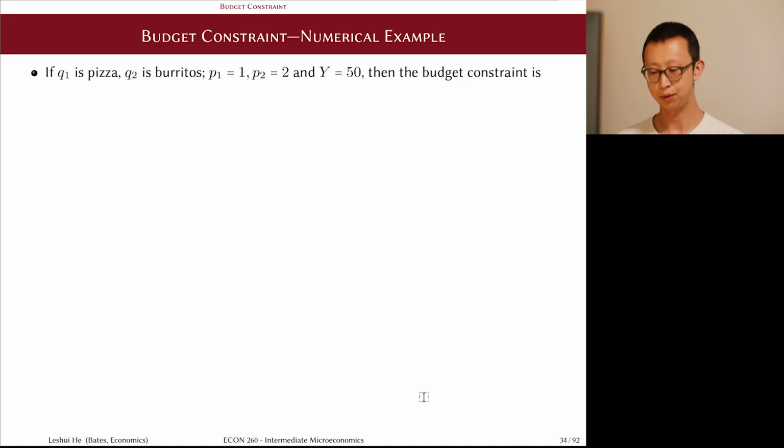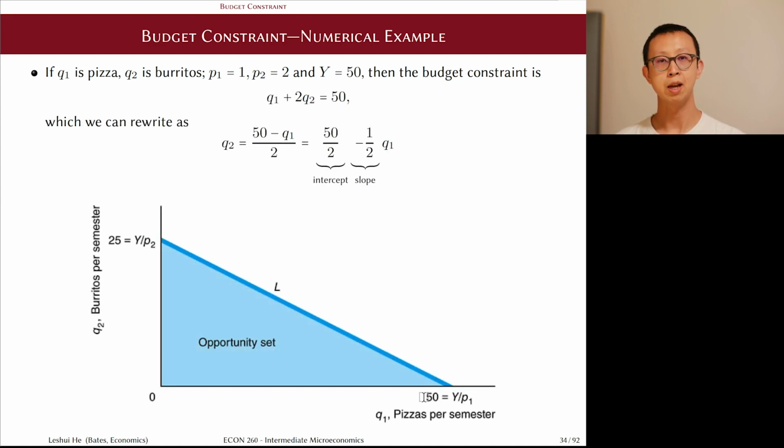Now let's compare notes. The budget constraint I got is Q1 plus 2Q2, which is our expenditure, is equal to $50. Did you get the same expression? With a price of $1 a unit, every unit of good 1 will cost expenditure of 1 times Q1.